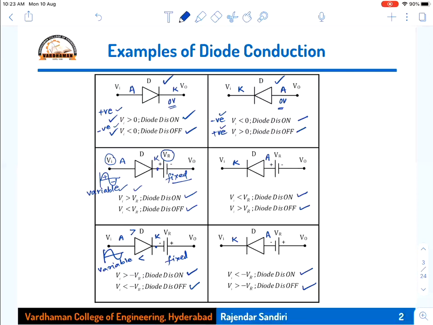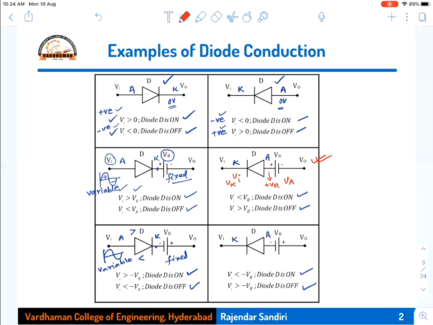I'll just show. In this case, suppose you see, what is the anode voltage here? Plus VR. This is the input voltage. Now the anode voltage is VA and the cathode voltage is VK.